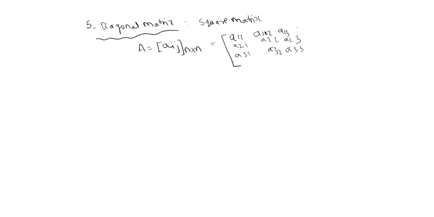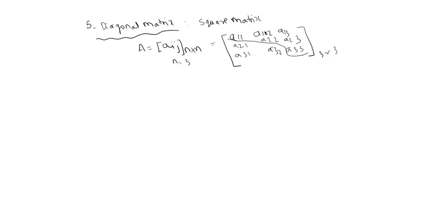Here I have taken n equal to 3. Now we check where the subscripts are equal: 1 1, 2 2, 3 3. Such elements we call diagonal elements. So these elements where the subscripts are equal, we call diagonal elements.